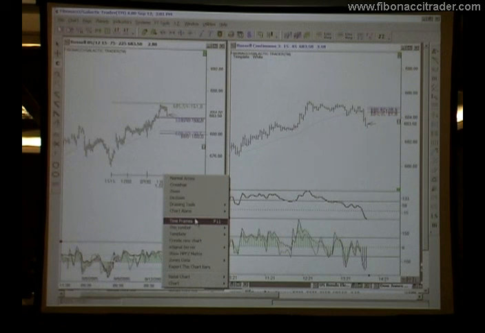Now, if that support breaks, we have a nice distance down. If it breaks. If it holds, so you're looking for long still. No, because the higher time frame stuff is still pointing long.